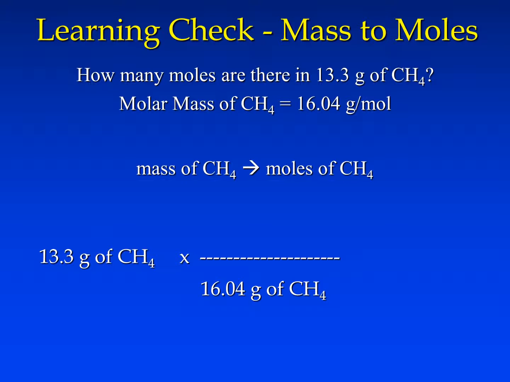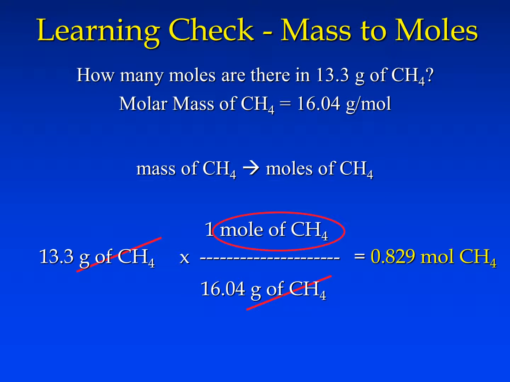Well, you would put, of course, the molar mass of methane on the bottom and the 1 mole of methane on the top. And as you can see, the units of grams of methane cancel out. And what am I left with? Well, I'm left with the desired units, moles of methane. Now I can do the math. And that is my answer.